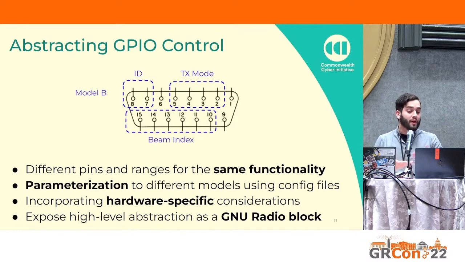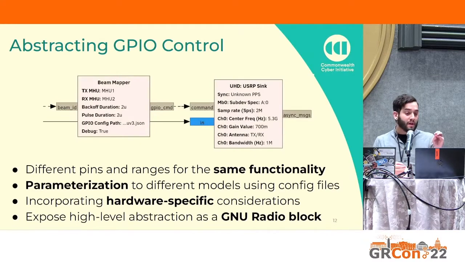So to do the same thing, we thought, well, can we parameterize that? Can we expose this in a way that users can use it and, with little modification, tailor it to their own equipment? To do so, we created an abstracting block in GNU Radio that you can feed with information about how your particular millimeter wave frontend works using a configuration file.